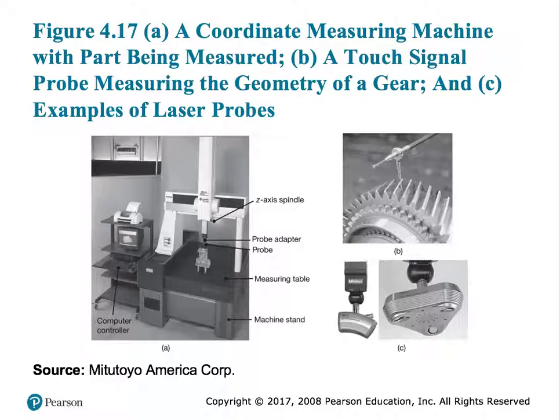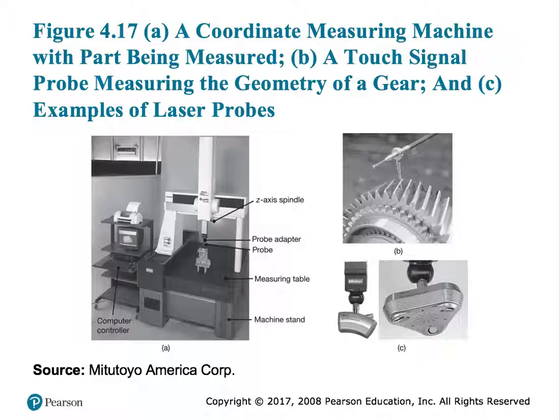You can also have some kind of a laser probe. So nowadays you don't use any kind of contact measuring machine. You have a non-contact measuring machine. And what you do is you put the laser on the surface depending upon the distance, and it will tell you what distance you are at.